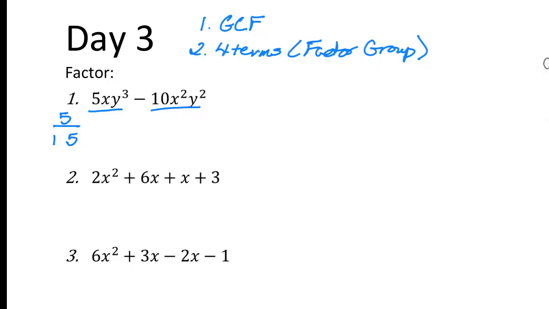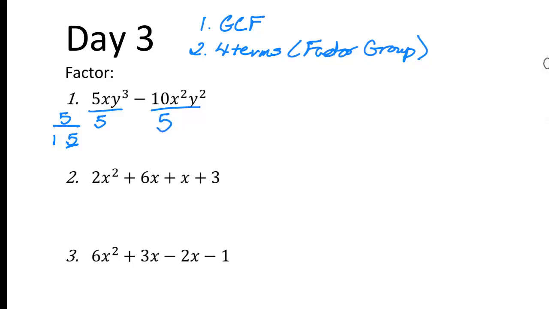I want to choose the largest factor of 5 that will divide evenly into both coefficients. As I check 5, yes, I can take 5 divided by 5, and I can also take 10 divided by 5. So 5 is the greatest common factor of the numbers.